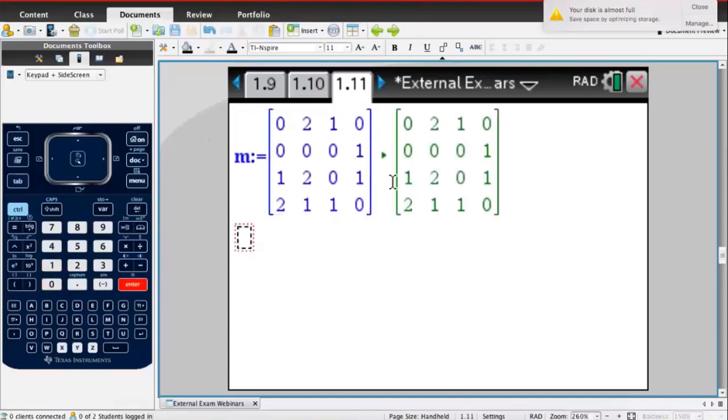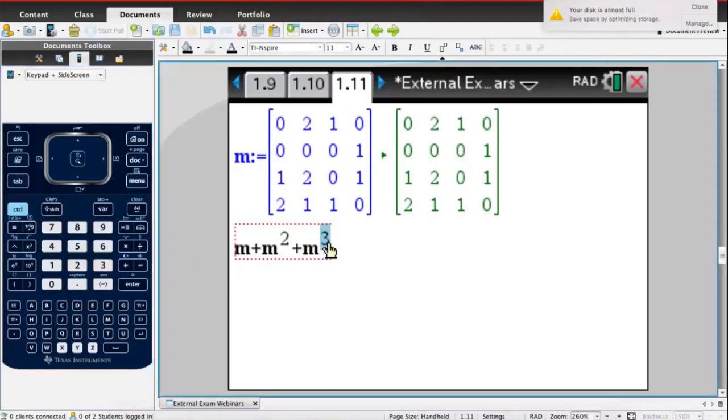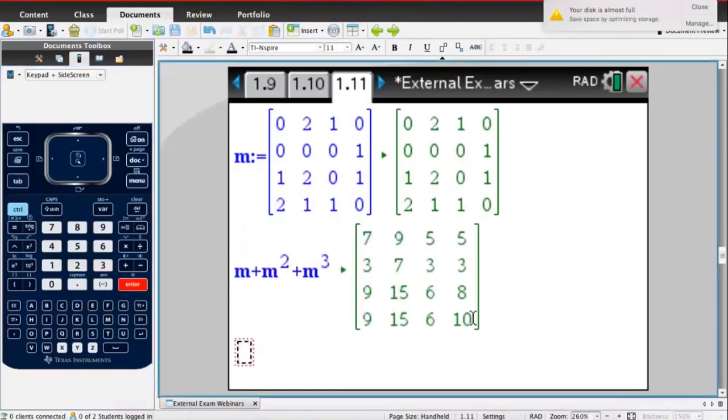And it's recognised that. So now we can look at m, the model, which was m plus m squared plus m cubed. So there's our model, and hit enter, and there's our elements. Now you can assign another matrix to quickly add those elements, so I might just do that.